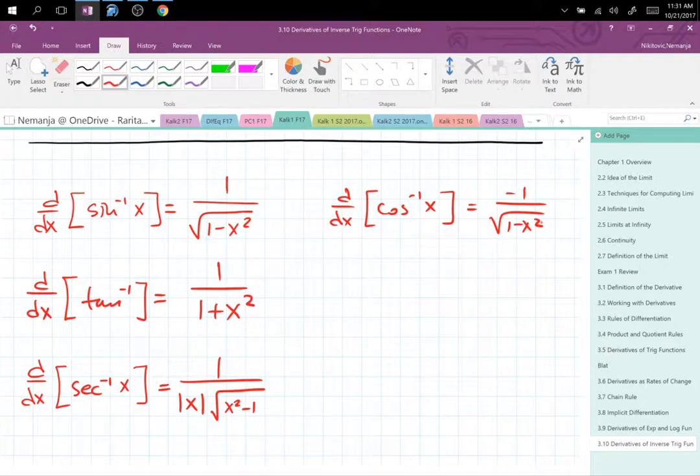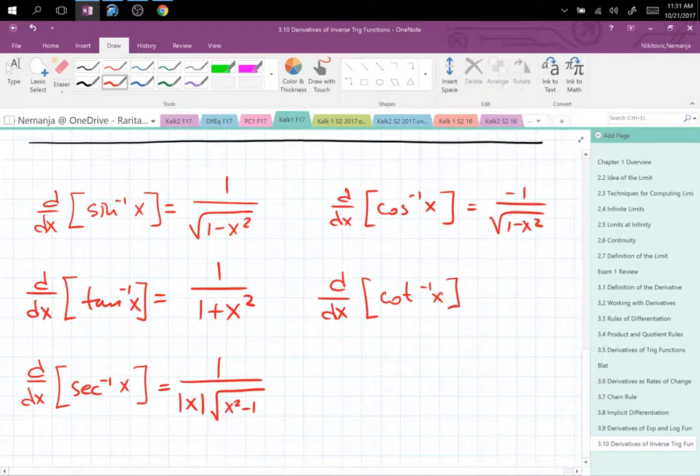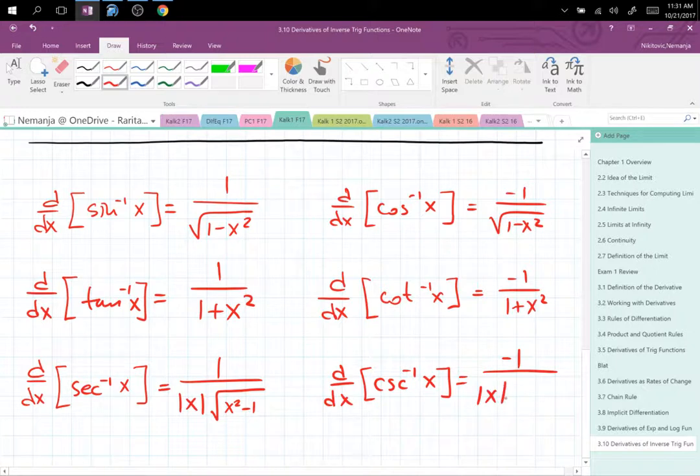So it's extremely easy to get all 6. Oh, I'm missing x over here. There we go. So cotangent inverse is going to be negative 1 over 1 plus x squared. And finally, the derivative of cosecant inverse of x is negative 1 over absolute value of x, square root of x squared minus 1.